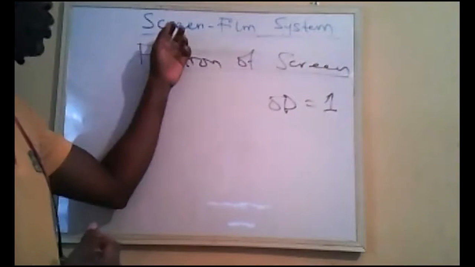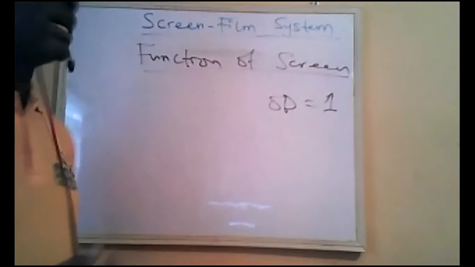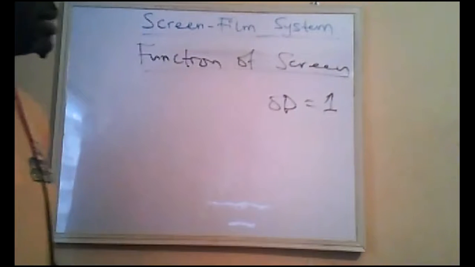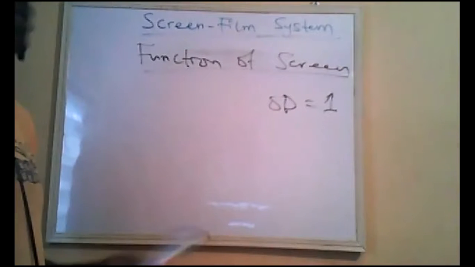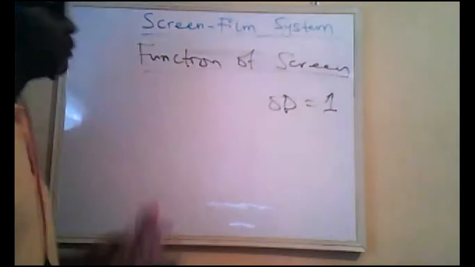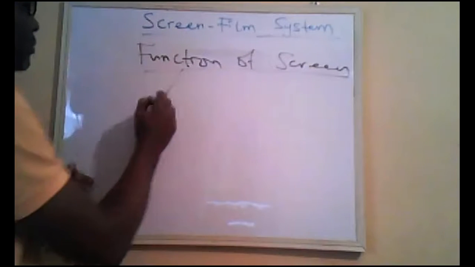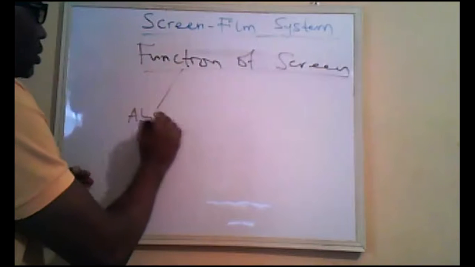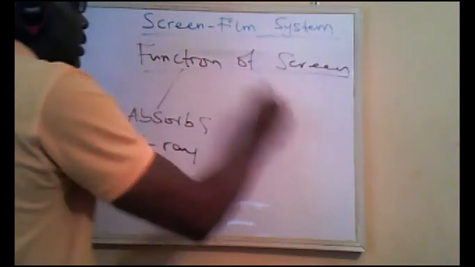So that is why we need to put in a screen, because these screens are actually phosphors that convert and also intensify the amount of light formed. So the screen has two functions. It absorbs an X-ray and then emits light.